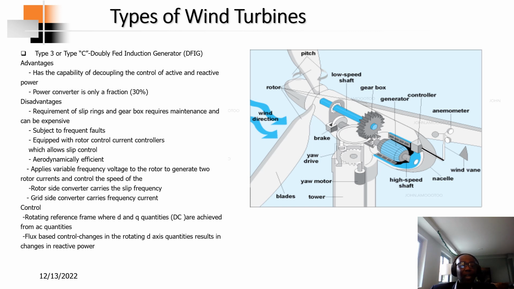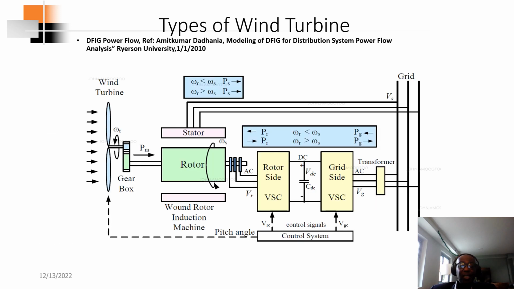So based on the flux-based control scheme, changes in the direct axis current basically result in changes in the reactive power control. And changes in the quadrature axis basically result in changes in the active power control. So this is a picture of how the double-fed induction generator looks like.